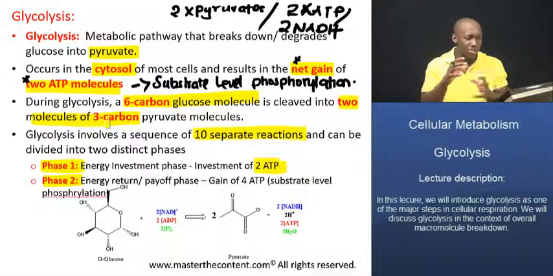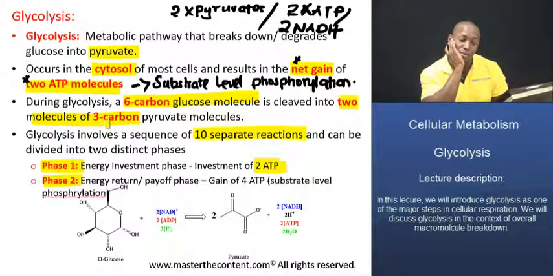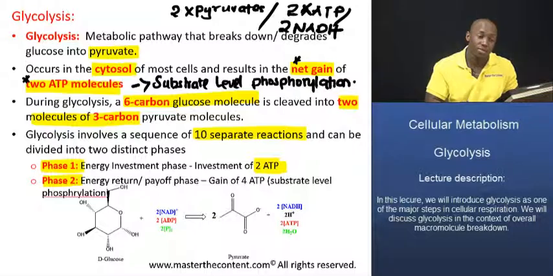Now the entire process is strictly controlled by enzymes. It's under enzymatic control, as you're going to see in the subsequent slides. So it's very easy to manipulate that process by controlling the activity of each and every one of those enzymes. What we have at the bottom of the screen is basically glycolysis in a nutshell.